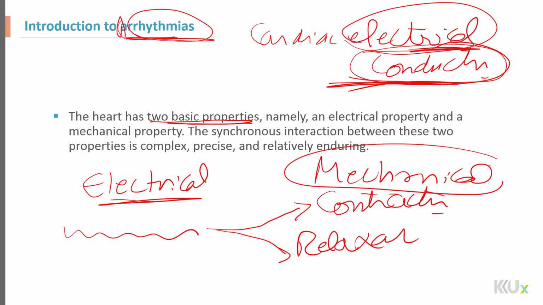That is the mechanical activity. So there is a synchronous interaction between these two properties. They have to be coordinated, and any loss of coordination between these two properties will lead to many problems.